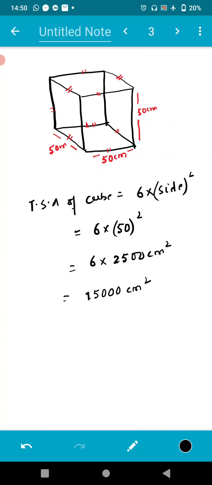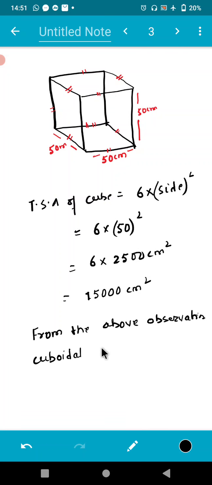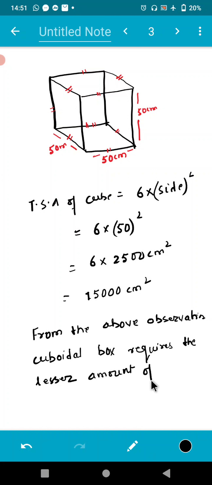So obviously from the above observation you can write, from the above observation, cuboidal box requires the lesser amount of material. That's it. Okay, so this is the solution of question number 1.